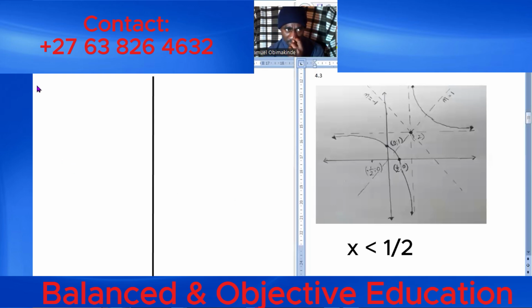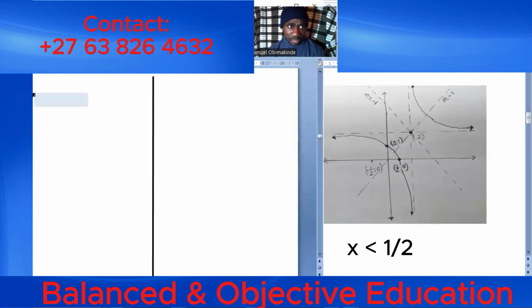All right. So we can also solve that question mathematically. We are looking for the values of x for which g of x is greater than 0.